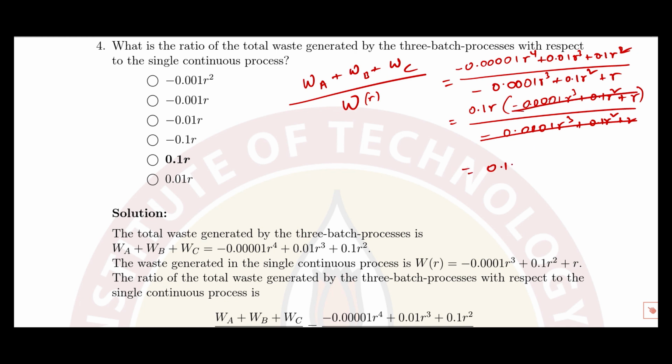Finally we get 0.1 R. So option 5 is correct.